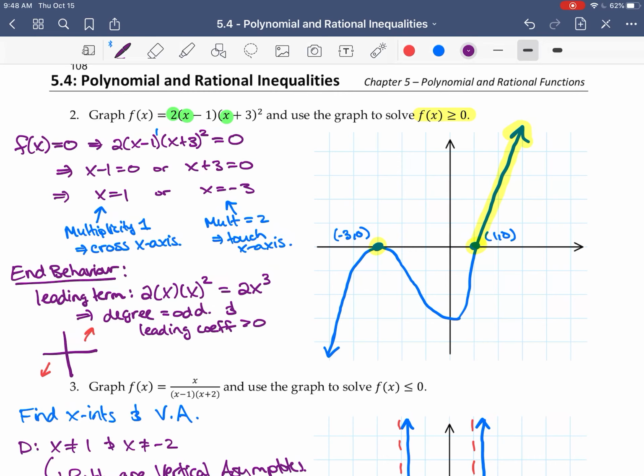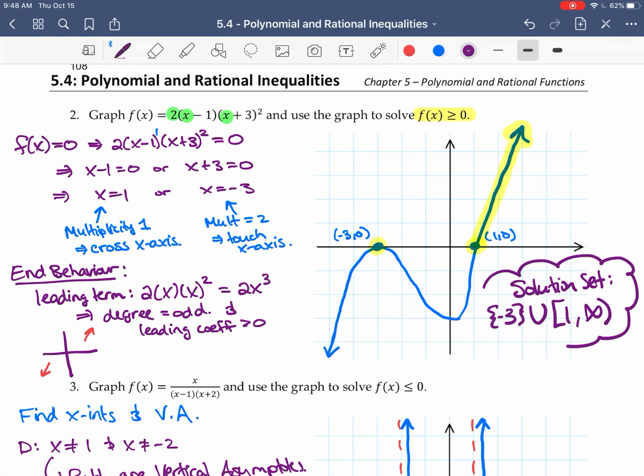So that means that our solution set for this inequality is going to be the number negative 3, because it equals 0 there, and then the interval from 1 to infinity. So that's the solution set for that inequality.